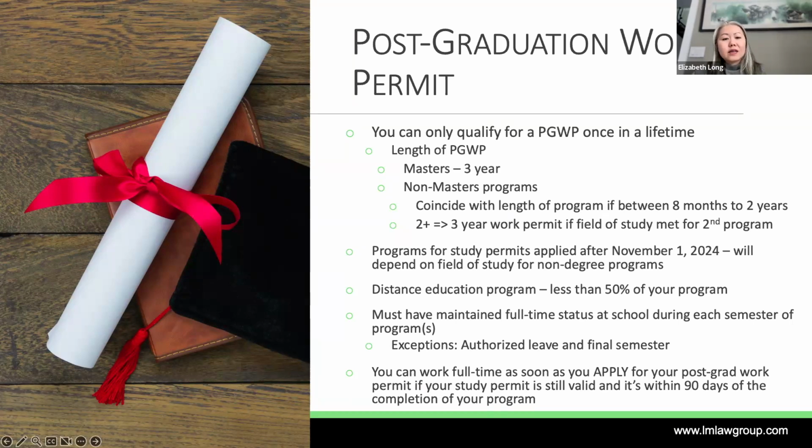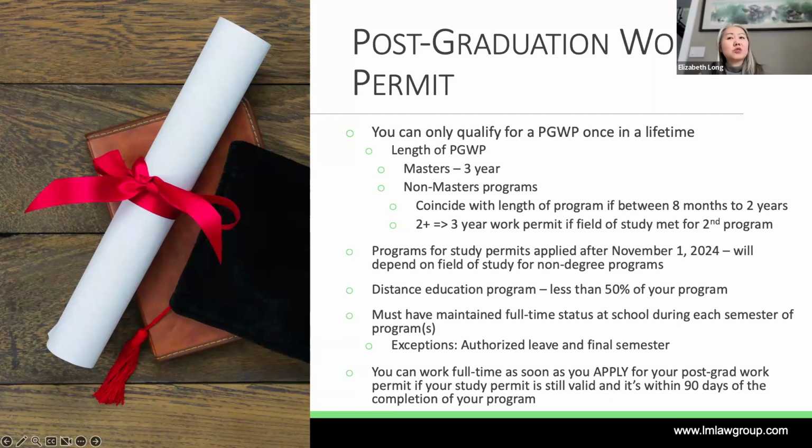All right. Finally, let's talk about when you should apply for your postgrad work permit. My advice is normally for you to apply for your postgrad work permit while your study permit is still valid and within 90 days of you finishing your program. Why 90 days when the IRCC website says you can apply within 180 days?